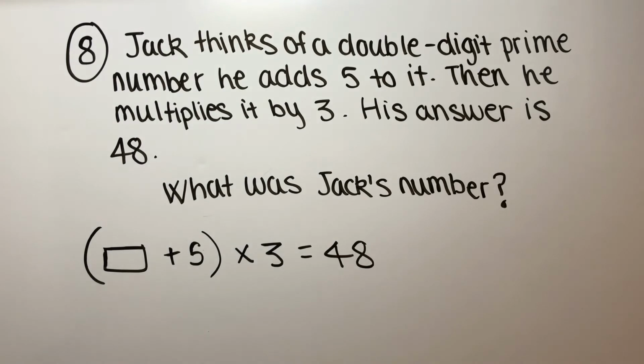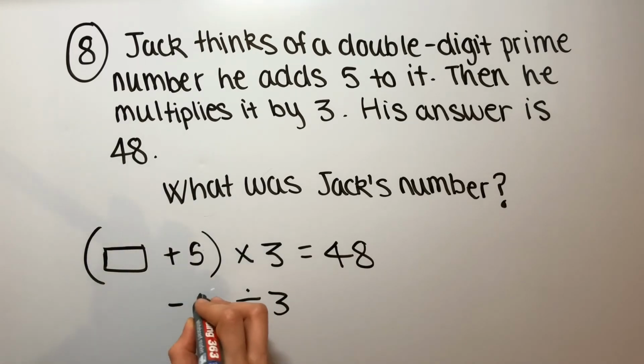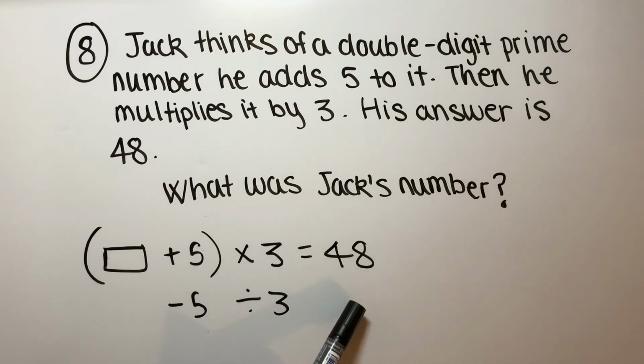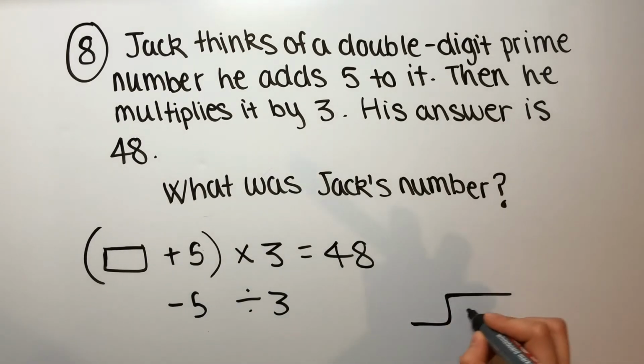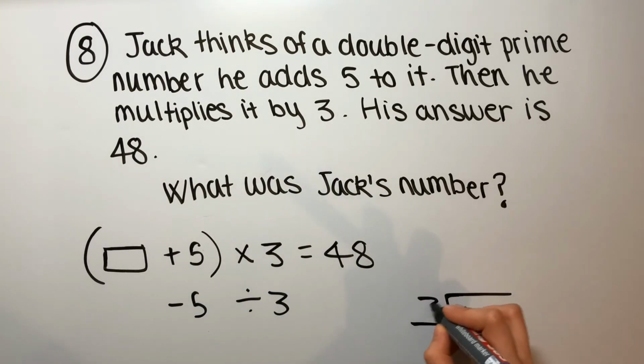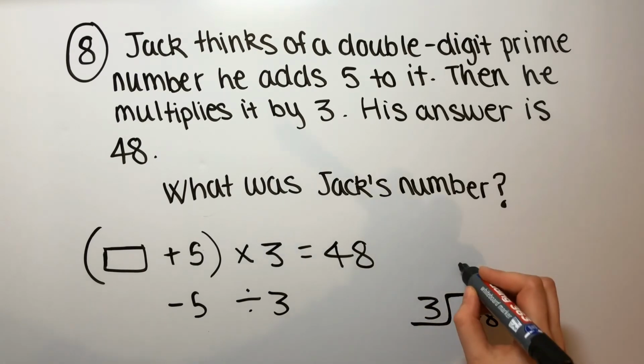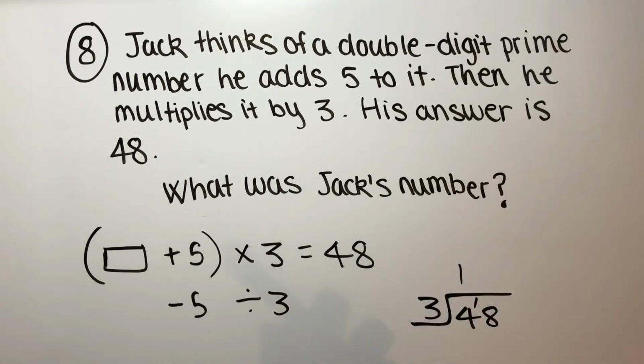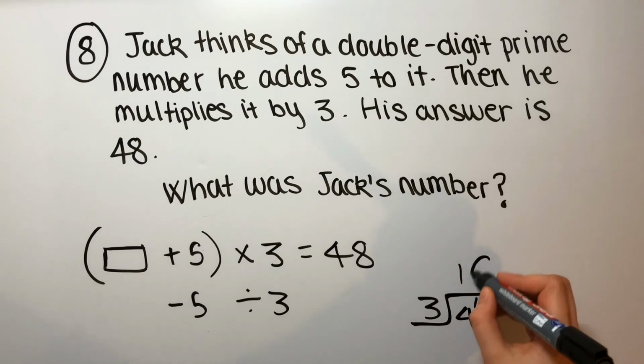So whatever Jack did, we need to do the opposite of. If he times by 3, we're going to divide by 3. If he added 5, we're going to take away 5. So 48 divided by 3. 3 into 4 goes once with a remainder of 1. 3 into 18 goes 6 times.